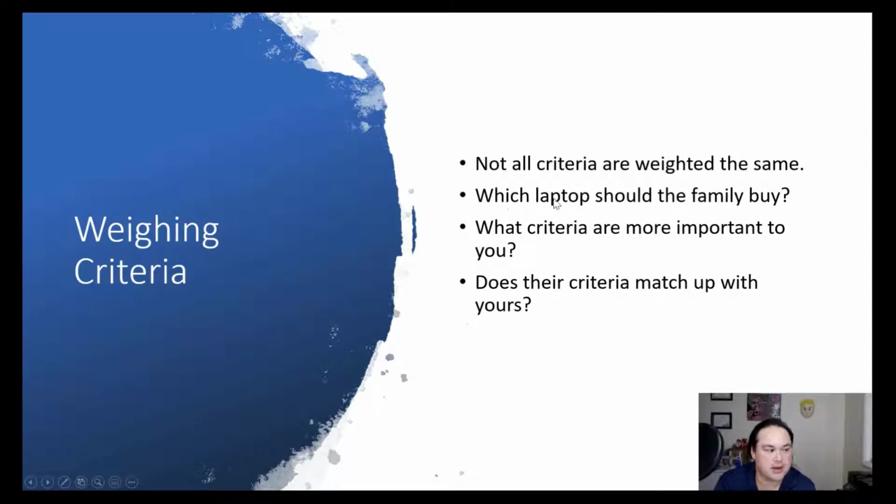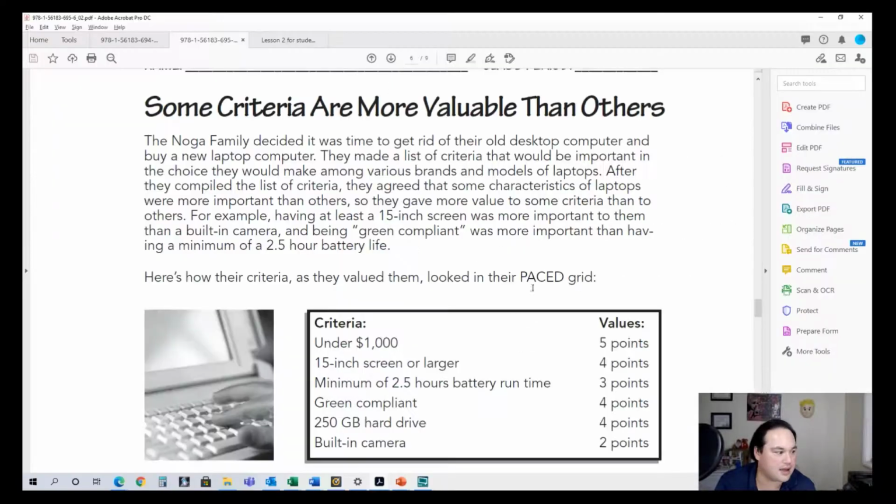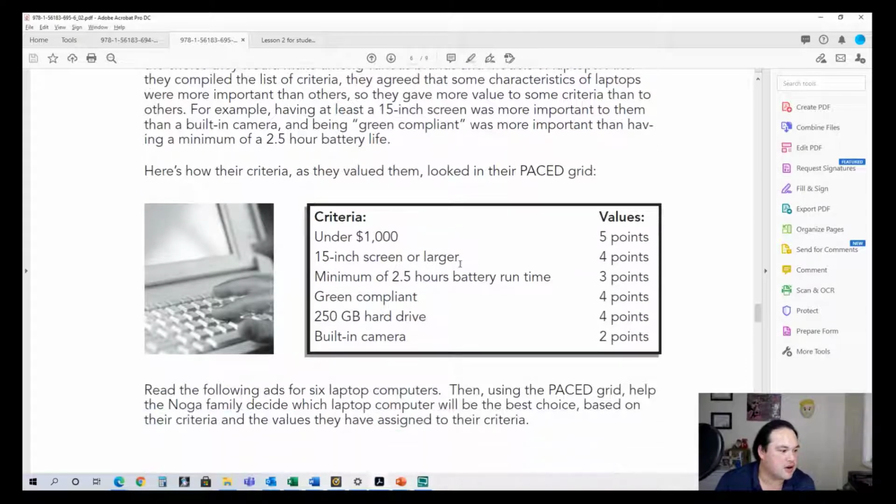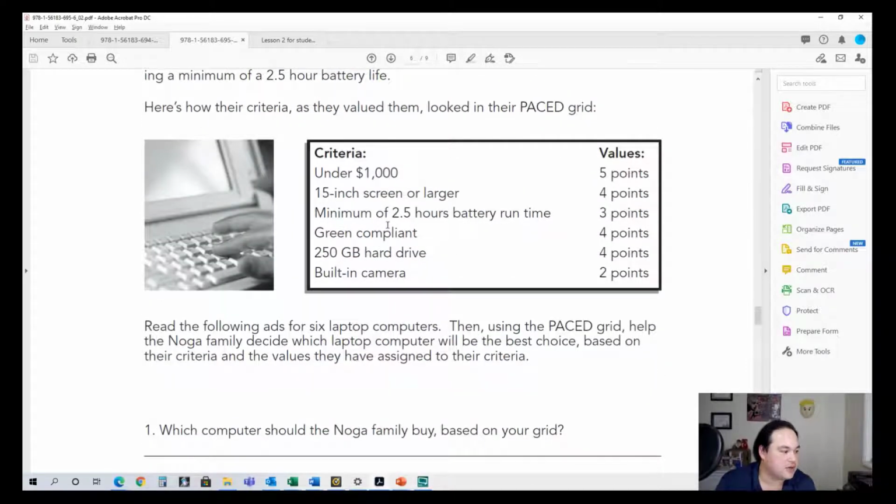You're going to be answering questions about purchasing a laptop and deciding which laptop the family should buy. What criteria are more important to you? Is the family's criteria going to be different from the criteria that you might select? So, the family's deciding to get a new computer, and here they assign values to it.